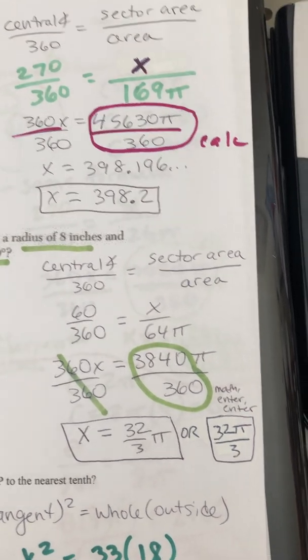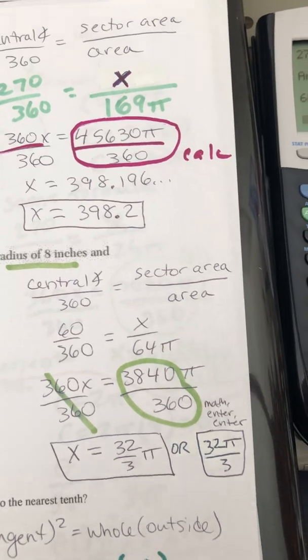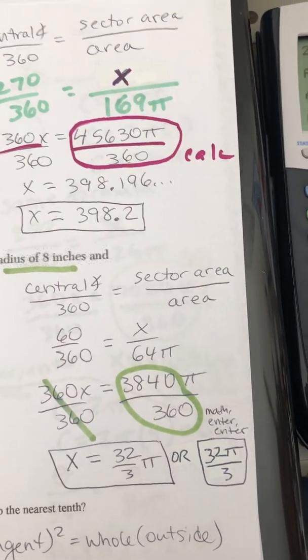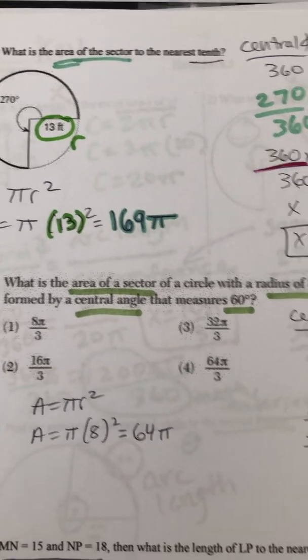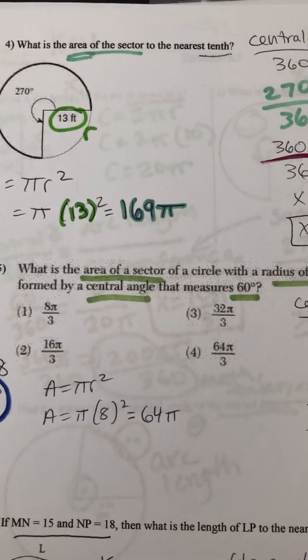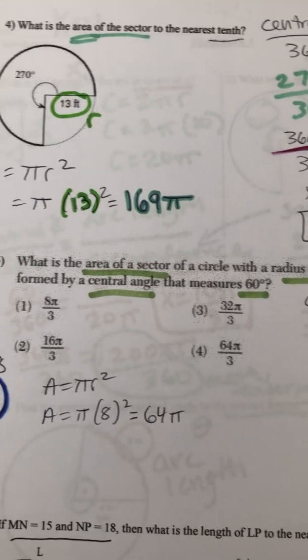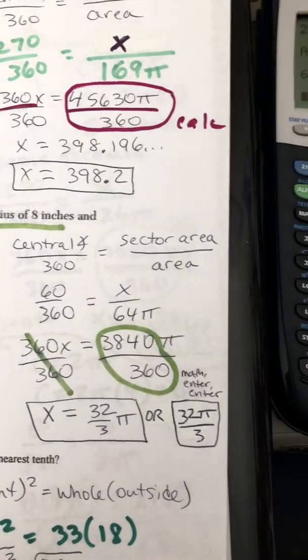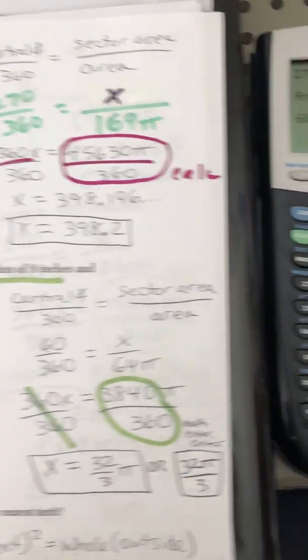Now, at this point, you should think to yourself, am I going to divide by 360 with all the numbers? Should I keep the pi and not type the pi? What should I do? The question doesn't say anything. It doesn't say in terms of pi or round to nearest tenth. However, all the answer choices have pi in it. So here we go. Type 3840 without the pi, divide by 360.